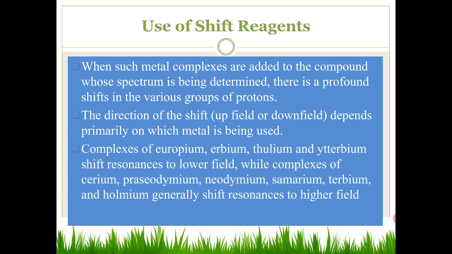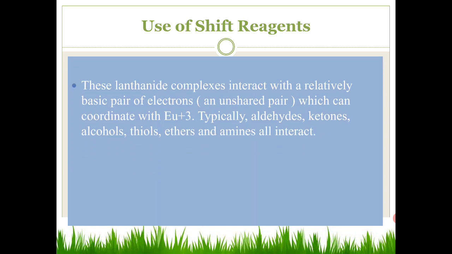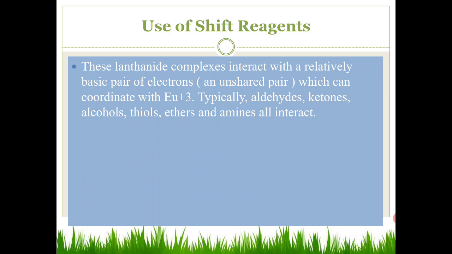Complexes of europium, erbium, thulium, and ytterbium shift the resonance to the lower field, while the complexes of cerium, praseodymium, neodymium, samarium, terbium, and holmium generally shift the resonance to the higher field. What is the mechanism behind the shifting?